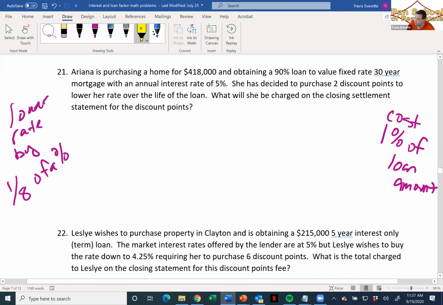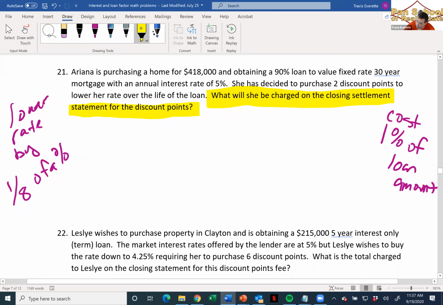She has decided to purchase 2 discount points to lower her rate over the life of the loan. What will she be charged on the closing settlement statement for the discount points? There's the question finally. What will she be charged?